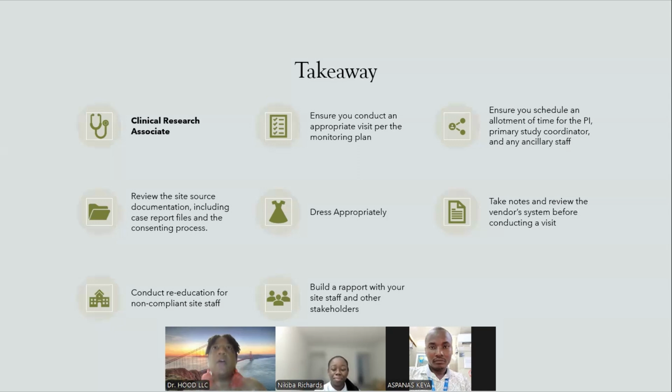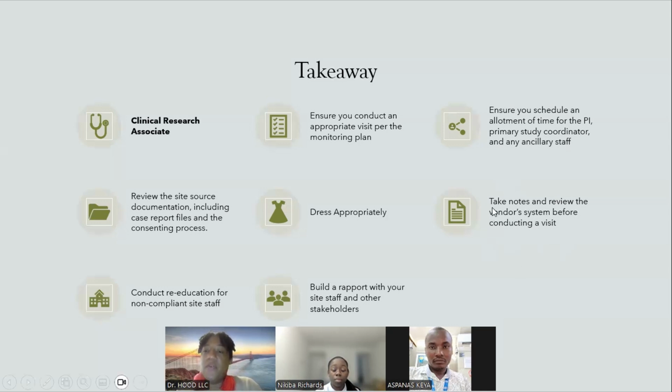Just like they're hoping that they're picked for the study, an investigator can choose to not want to deal with the CRO as well. If we come there dressed any kind of way, unprofessional, they can say, we don't want to participate. So how we present ourselves is not only a representation of us, but of the organization.